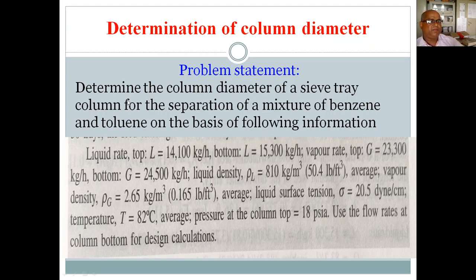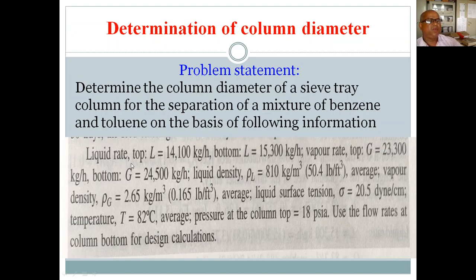The problem is: determine the column diameter of a sieve tray column for the separation of a mixture of benzene and toluene on the basis of the following information. So I want to separate benzene and toluene in a sieve tray. For that, what will be the column diameter?